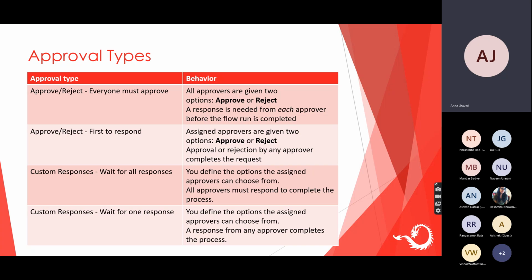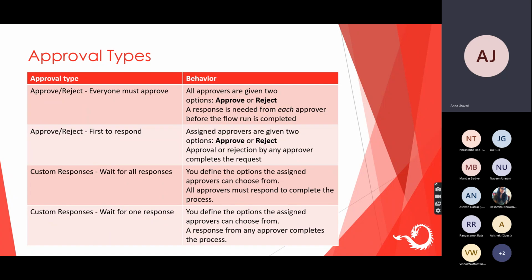It requires only one person to respond to the request. So it depends on your scenario, right? Sometimes the approval requires all the approvers to provide a decision, and sometimes the approval request requires only one approver to provide the decision, and that's enough for the workflow to go ahead, right? So based on your requirements, you can use any of those types.